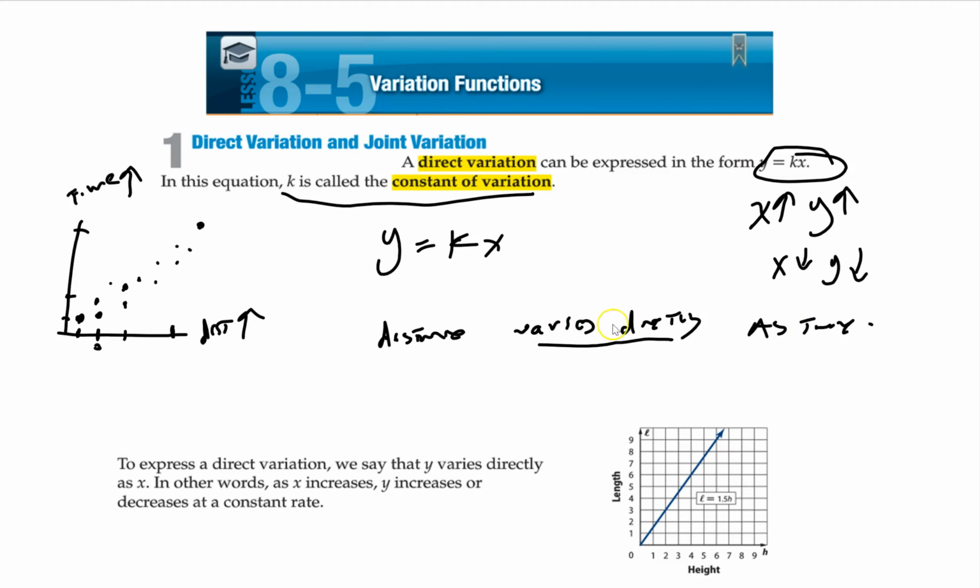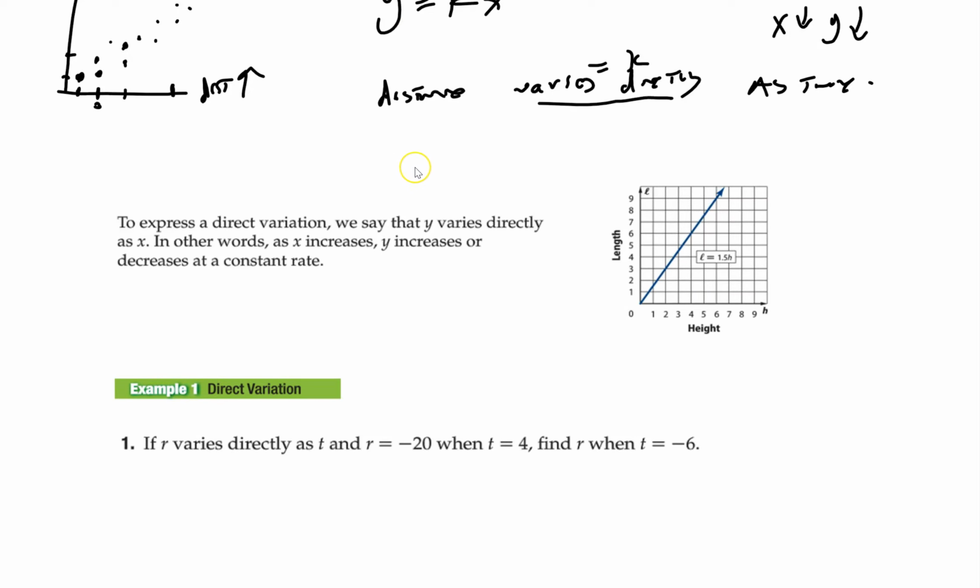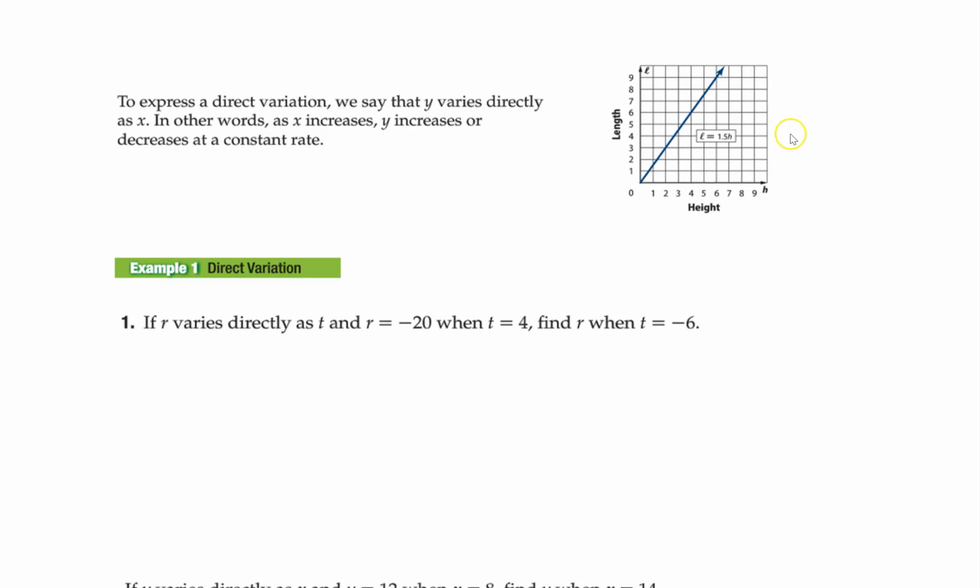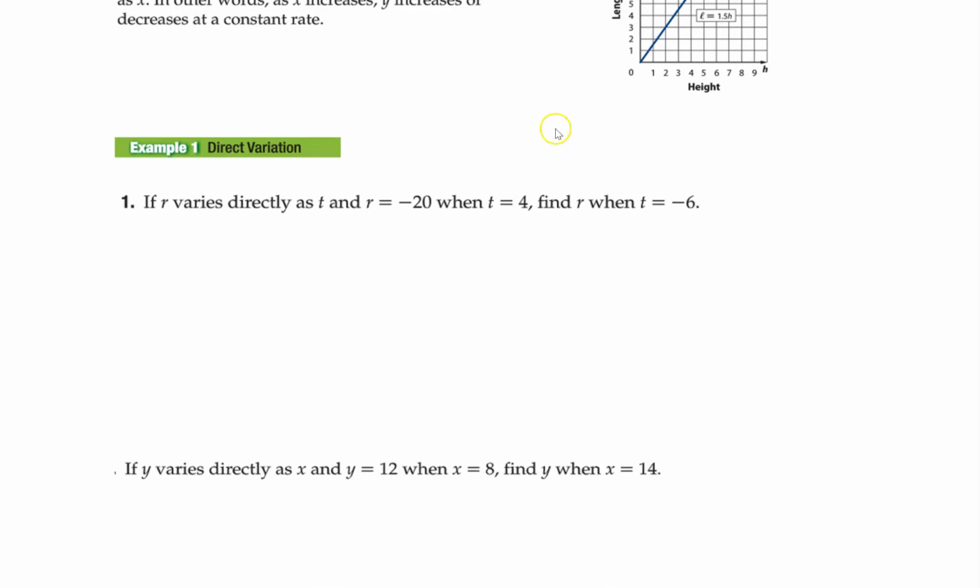This will be our equals k. Distance, y, varies directly as time it takes to get to school, something to that effect. So that's direct variation. As one goes up, the other goes up. I think this is like your height with the length of your arms or something like that. Like it's direct variation. Anyway, this is how we solve this.